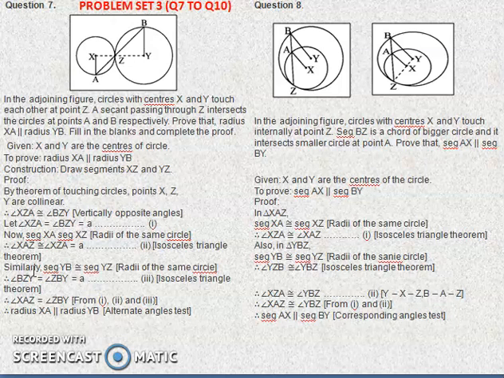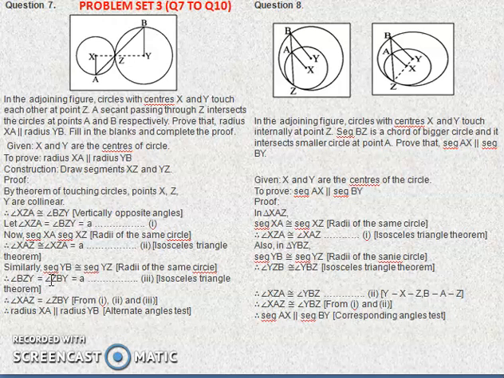Go to equation 1. Now segment XA and segment XZ are both congruent, being radii of the same circle. That means angle XAZ is congruent to angle XZA. Why? Because of the isosceles triangle theorem. Similarly, segment YB is congruent to segment YZ, radii of the same circle. So again the angle opposite segment YB will be what?